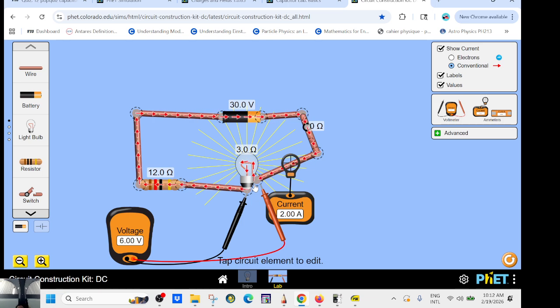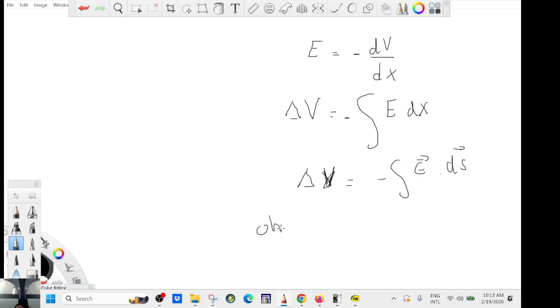You said it only works for what? For ohmic components. It means loads that you can replace by a resistor. It doesn't work if you have an LED.